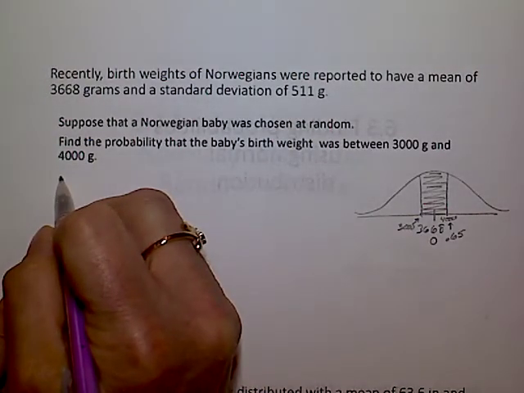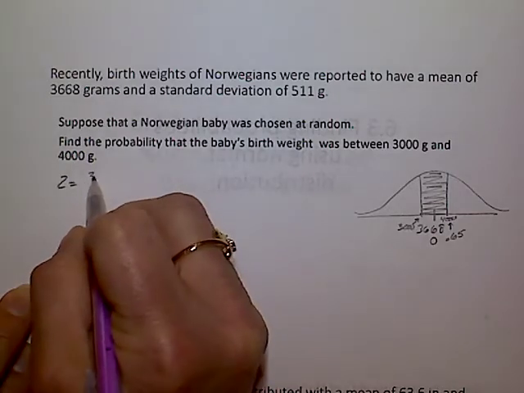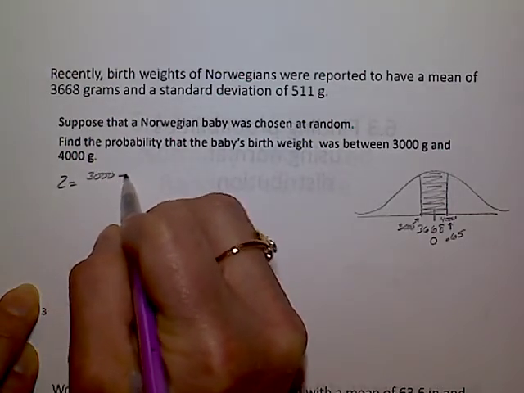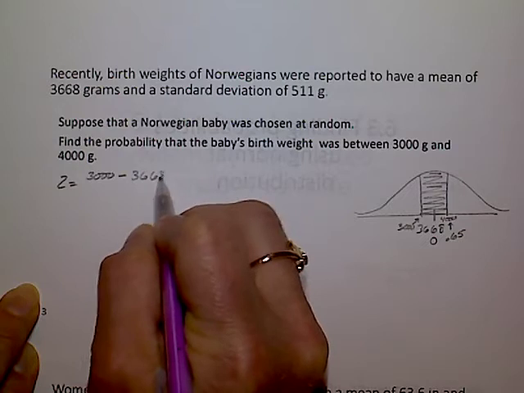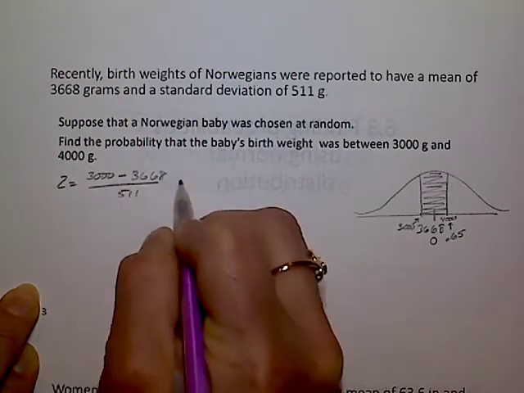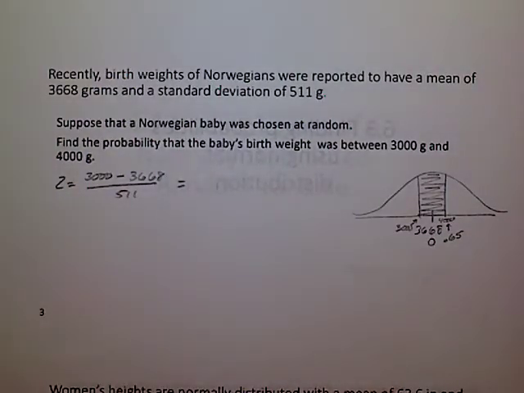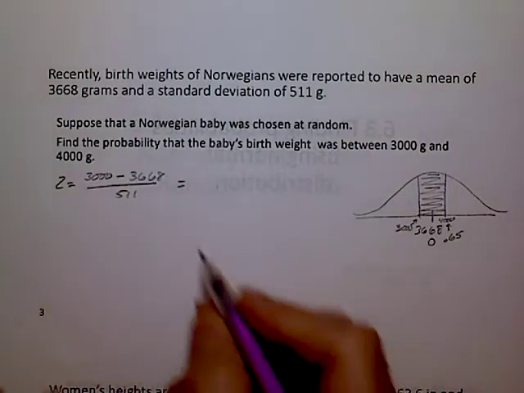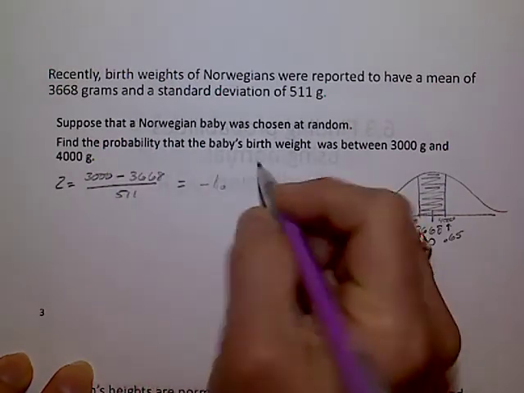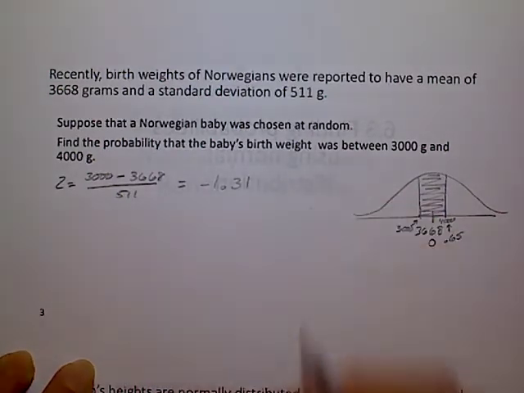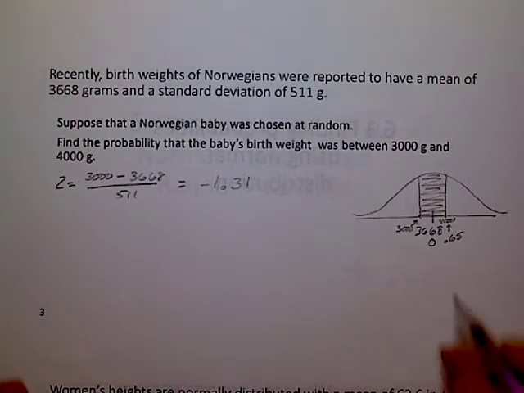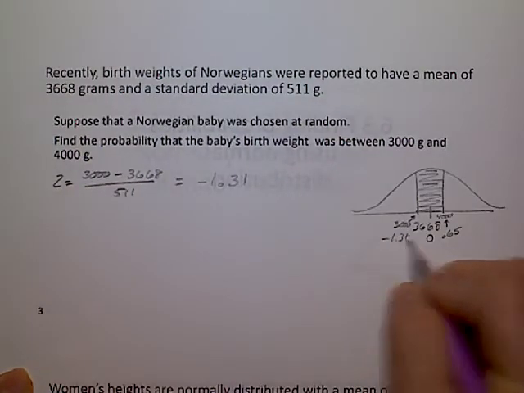All right, go find the z-score for 3,000. Hit pause and go do it yourself. Two decimal places. I'm going to go negative 1.31. Okay, negative 1.31.